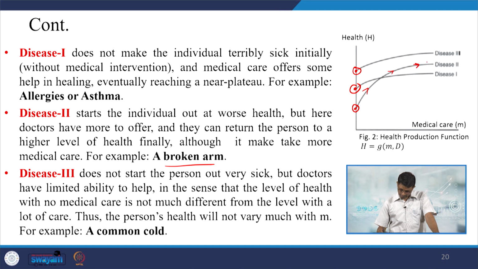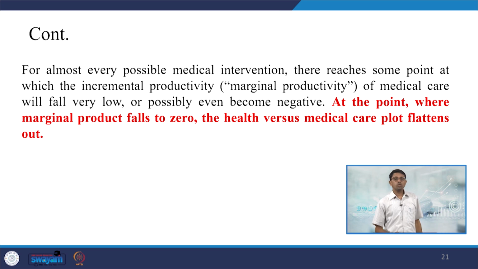And now, for almost every possible medical intervention, there reaches some point at which the incremental productivity or the marginal productivity of medical care will fall very low or possibly even become negative. At the point where marginal product falls to 0, the health versus medical care plot flattens out completely.